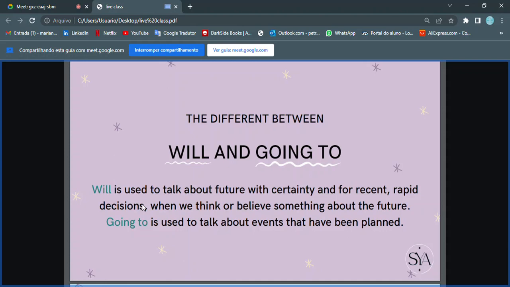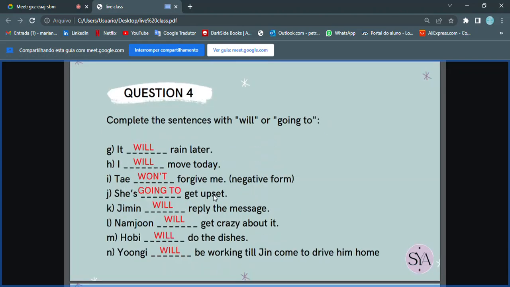So when we think or believe that something is going to happen in the future, we use the will. So Jimin will reply the message. You think or believe that this is going to happen in the future. Namjoon will get crazy about it. It's something that you think or believe. Hobi will do the dishes. It's the same thing. Yoongi will be working until Jin comes to drive him home. It's the same thing.